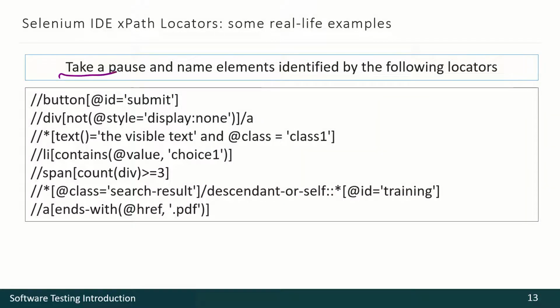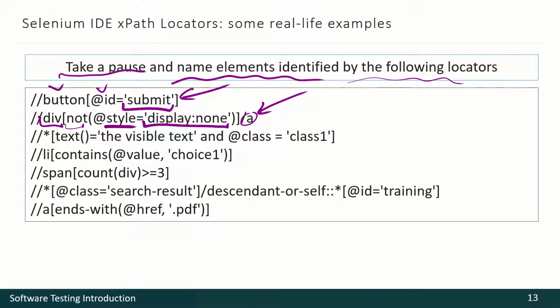Now pause the video and try to name the elements identified by the following locators. This one looks for a button with ID value submit. This one looks for a link inside a div not having style display none.